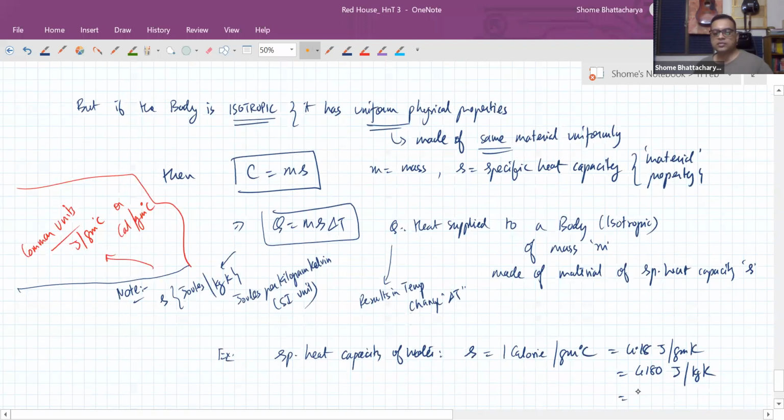Or we can write that as 4.18 kilojoule per kilogram Kelvin.